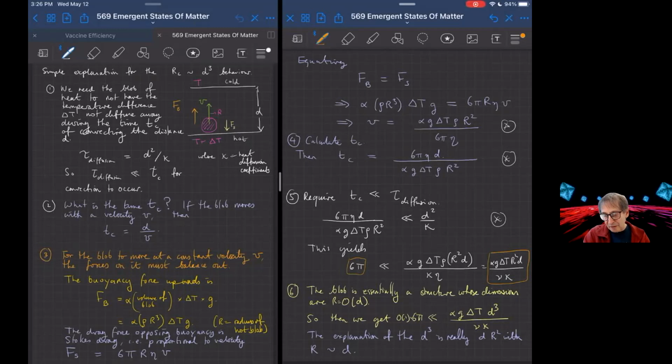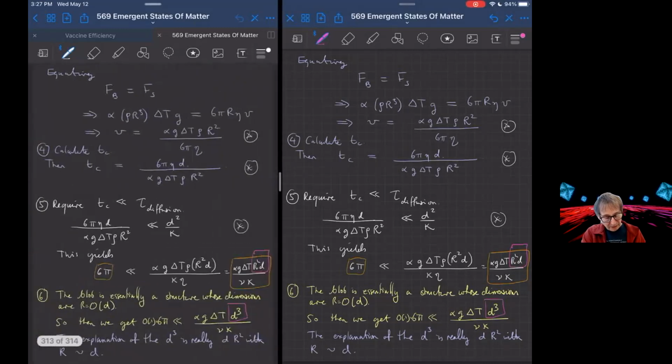And so we can think of its scale r as being set by the plate spacing, so that r squared d over here ends up turning into a d cubed over here. And so that's really the physical explanation for why we ended up with this criterion from the linear stability analysis.